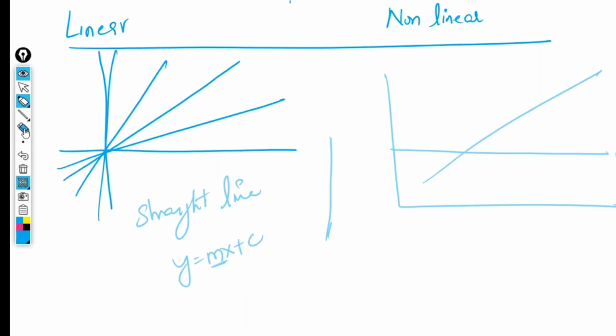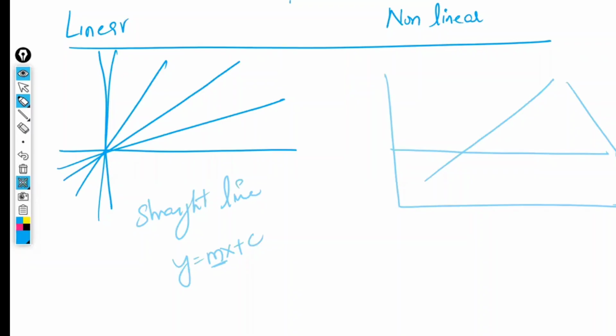Simple. If it is a horizontal line, there is no slope. If you are going on a plain highway, there is no slope. A straight road will be there. The slope is equal to 0. If you are moving on a hill, there will be some slope. While moving upside, the slope will be like this. While moving downside, the slope will be like this.